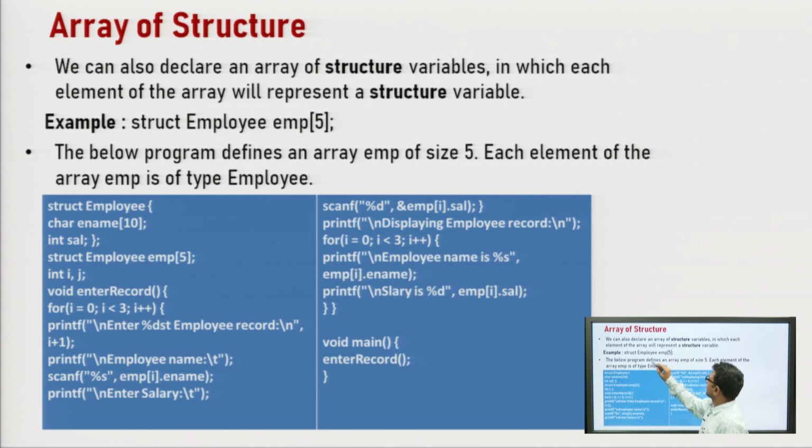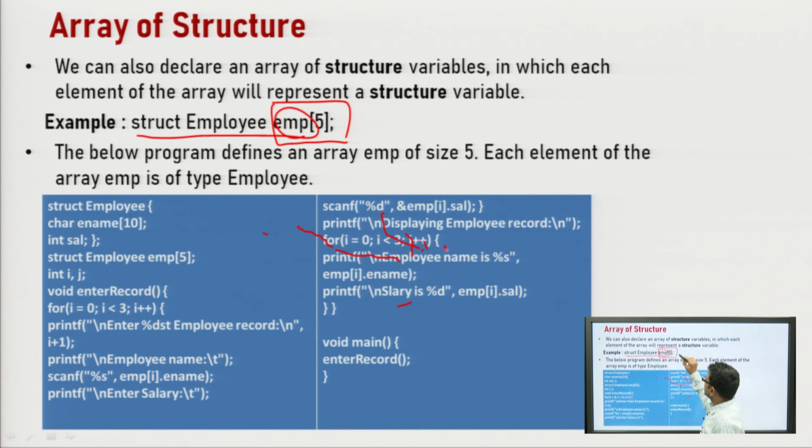Just see here, we have defined a variable whose name is emp, whose type is struct employee, and which is an array. Just see here, this is an array which can have a maximum of 5 elements.